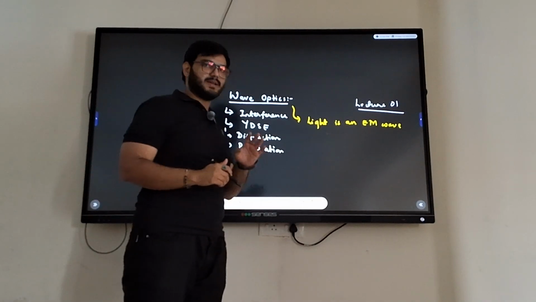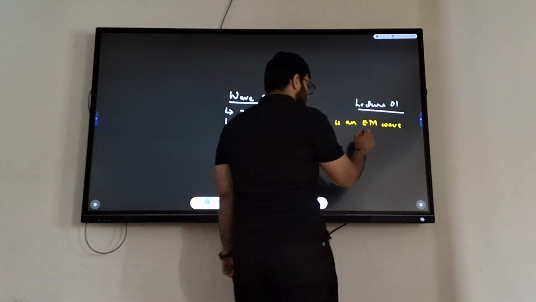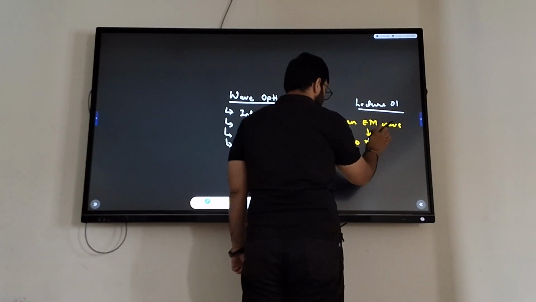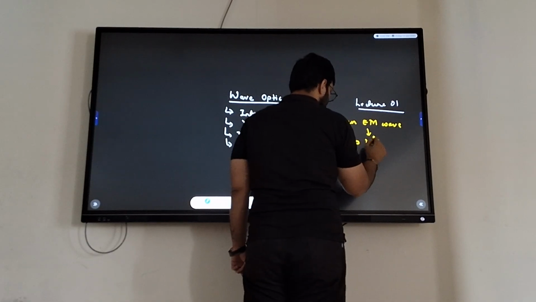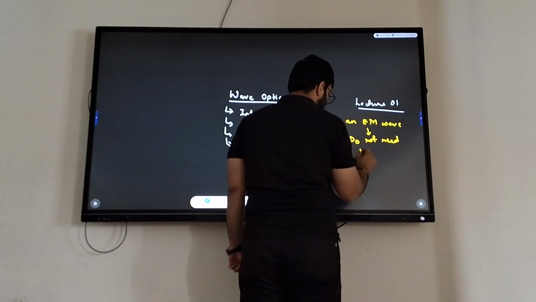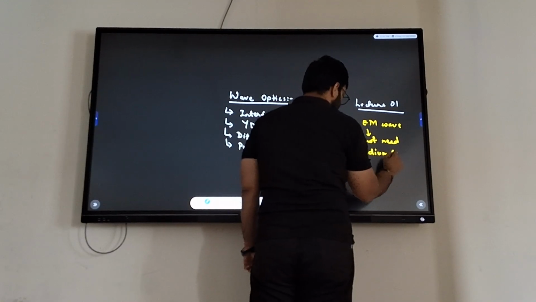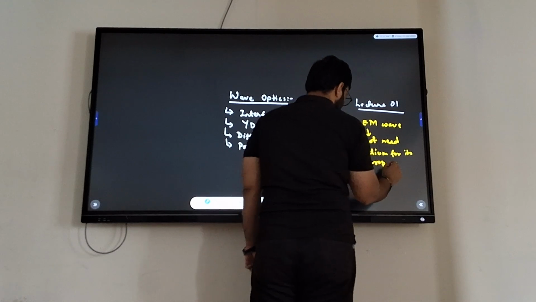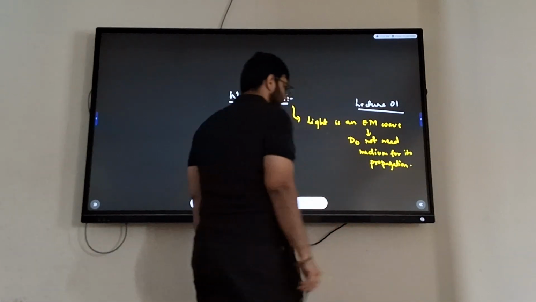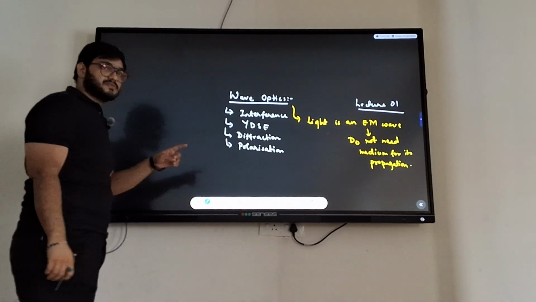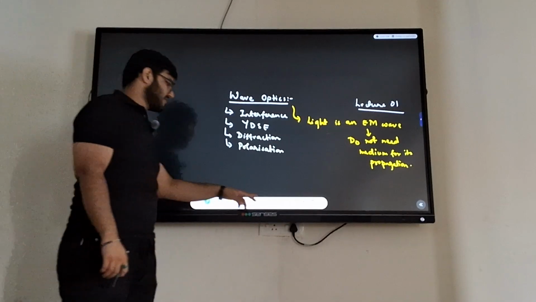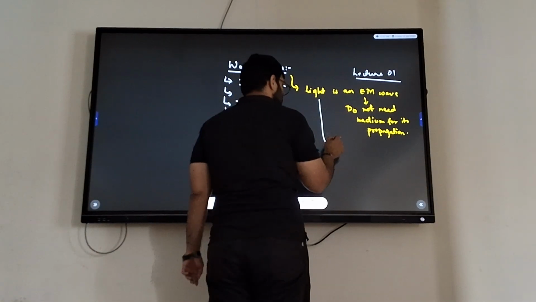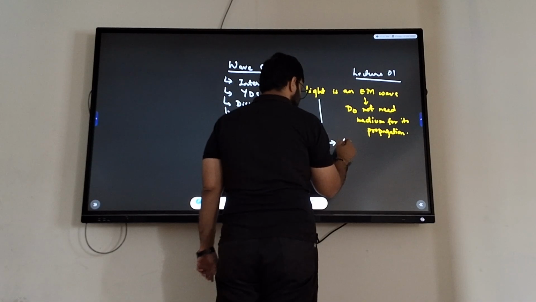They don't need a medium in general for propagation. Yes, it's a transverse wave. You will understand how when you study electromagnetic waves, but I'm just writing it. A transverse wave.